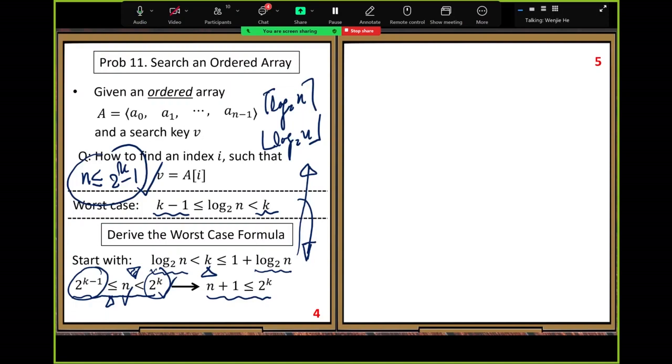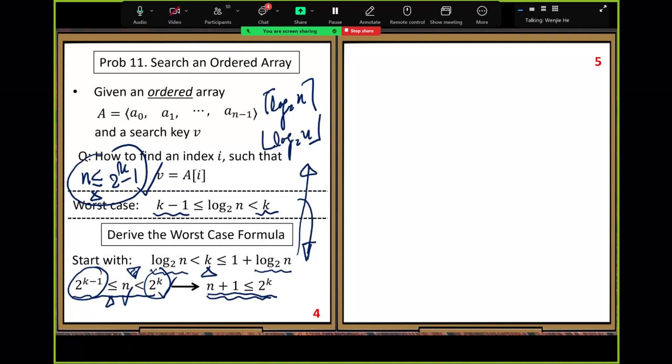So if we subtract 1, then the equal sign could happen. That's the way we lower the upper bound. Although only by 1, the estimate is slightly better. So here we get an improvement: n plus 1 less than or equal to 2 to the k is a better estimate.